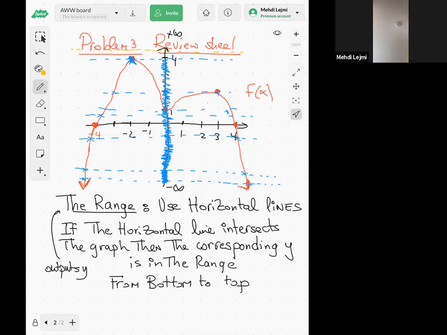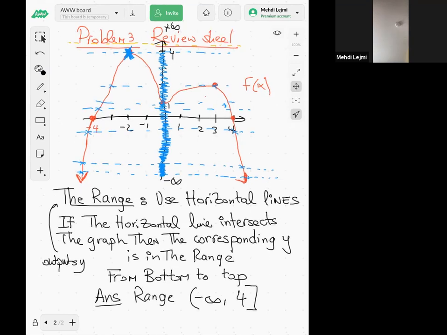So your range goes from negative infinity to positive 4, where positive 4 is included because we do have an intersection at this point. So you go from bottom to top. It starts at negative infinity, which is always excluded anyway. So negative infinity to positive 4, with positive 4 included because we have intersection at positive 4. That's how we find the range.